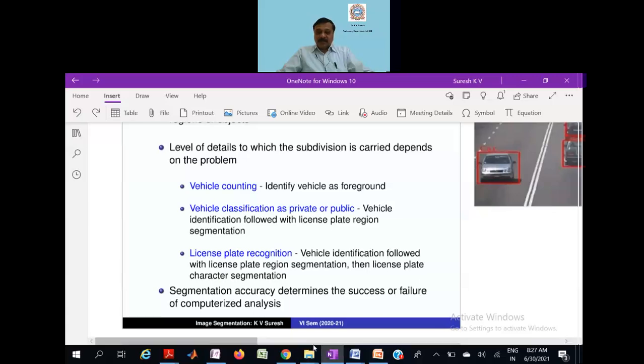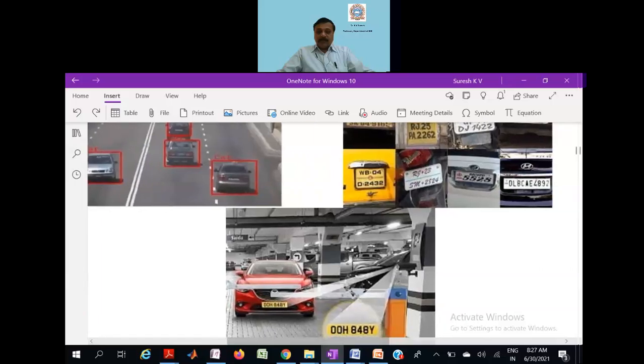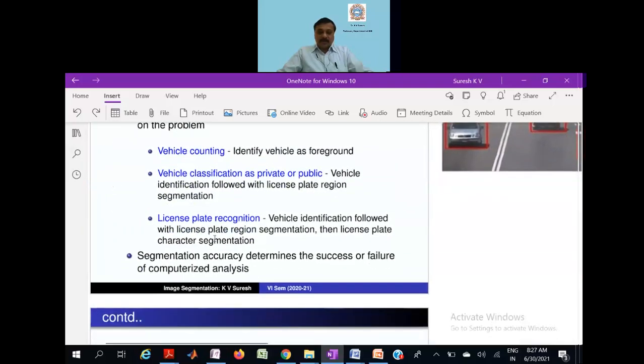So, for example, in these images, to what accuracy can I segment? Here you can see that it is not so easy to locate the license plate. So you may have to do some improvement in the resolution of this image. I hope you remember in the beginning of my class, I discussed some applications of image processing where I also mentioned a technique called super resolution, which will increase the resolution of the images.